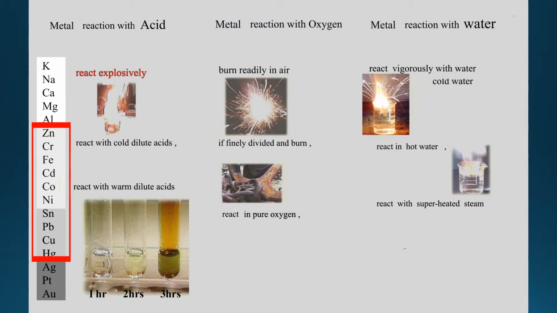You can see they react, but it takes more time. So the reaction is slower than the previous one, which reacted explosively as with the more reactive metals. Now let's look at oxygen.